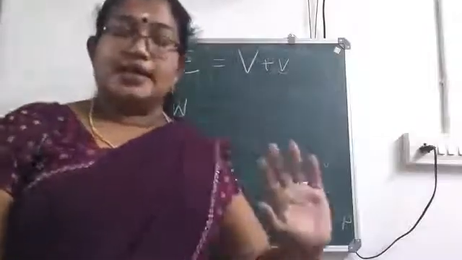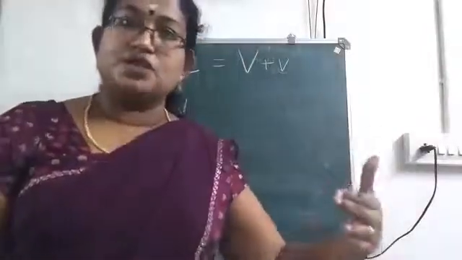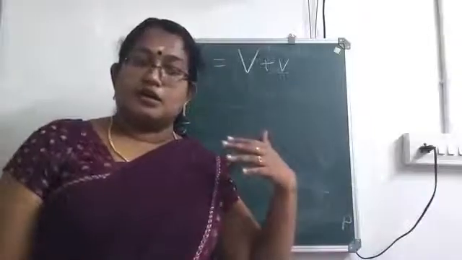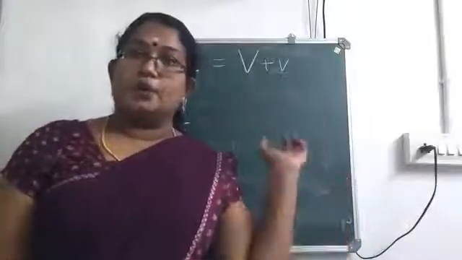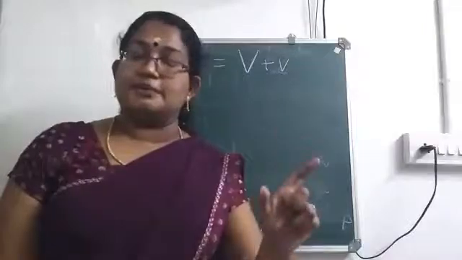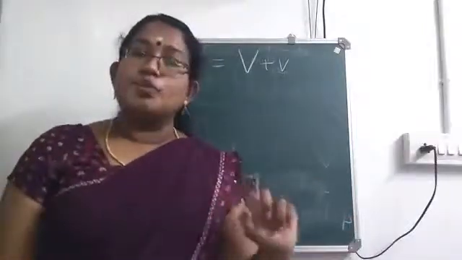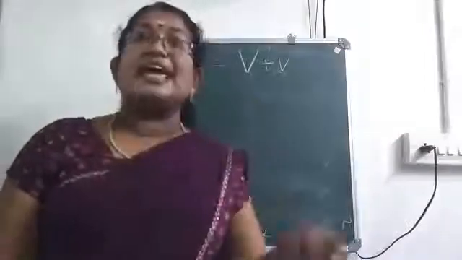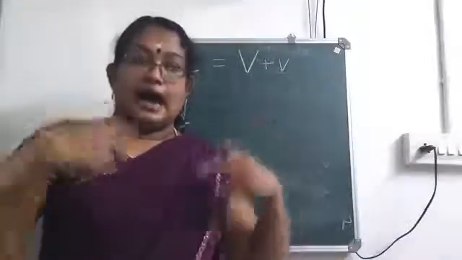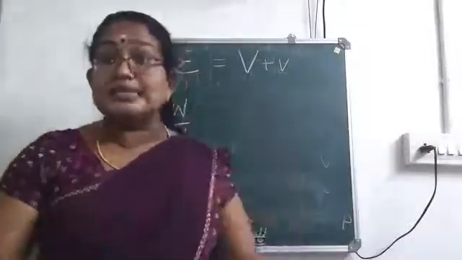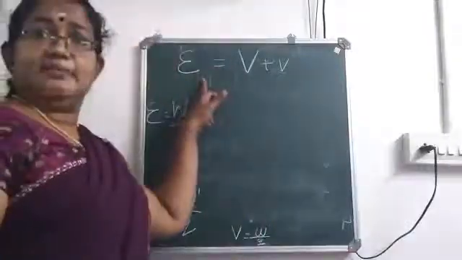EMF, two definitions are there. First definition: in an open circuit, the potential difference between the terminals is EMF, or it is the work done in order to move a positive charge through the entire circuit, outer as well as inner. That is EMF.